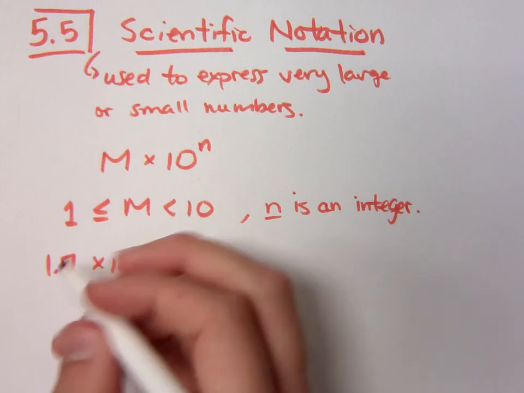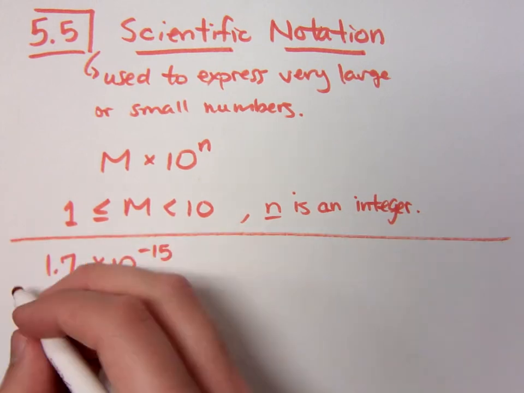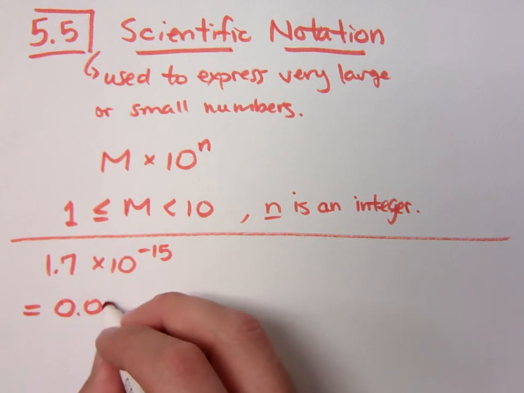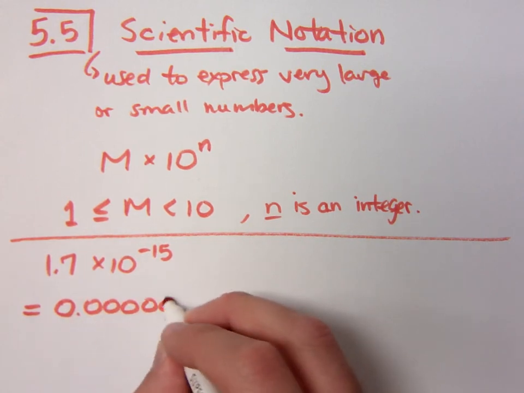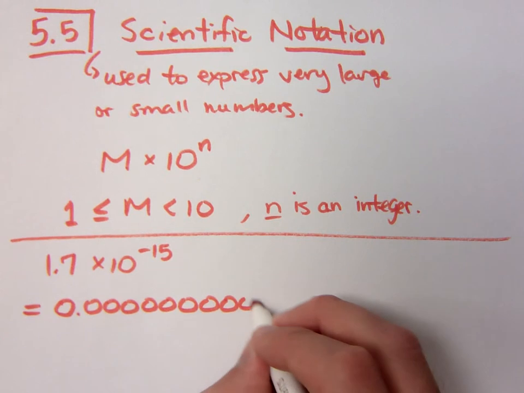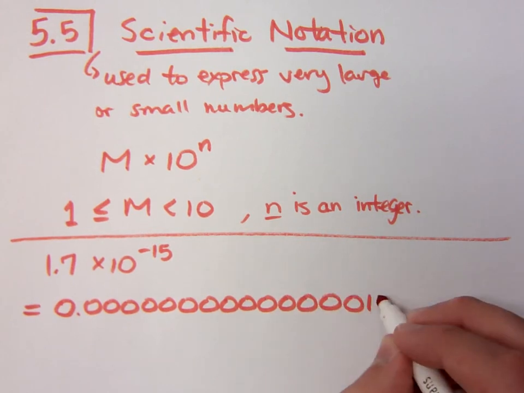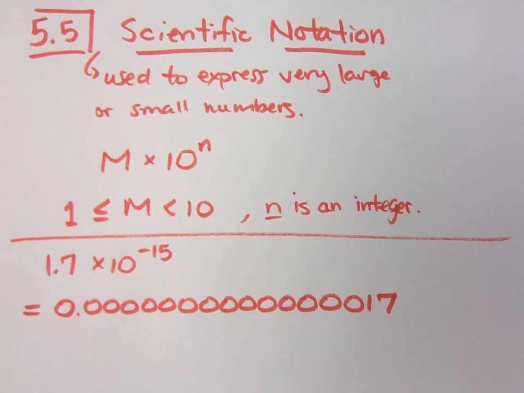You're going to see why scientific notation is so awesome. If I were to write this number out, it would look like this. 0, 0, 0, 0, 0, 0, 0, 1, 2, 3, 4, 5. That's the number.